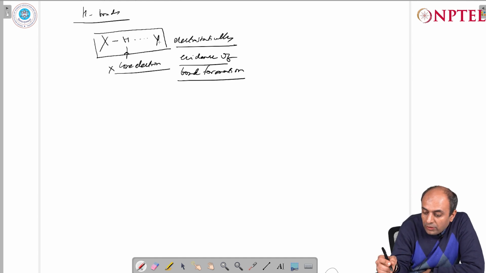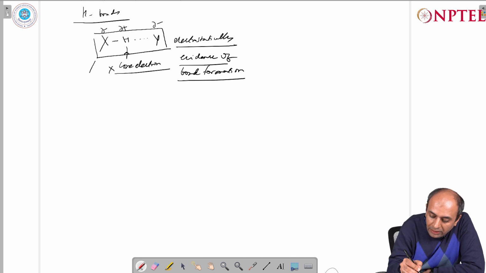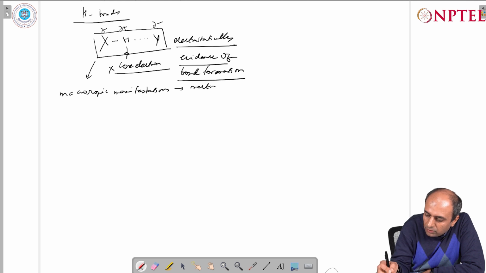Now, because these are of electrostatic origin and there is electronegativity difference, this is delta minus, this is delta plus, with an associated incipient positive charge, and Y is also more electronegative than hydrogen. You see that there is an attraction of the hydrogen atom by the Y atom, and this hydrogen bond has macroscopic manifestations, because it affects the melting and boiling points of substances.